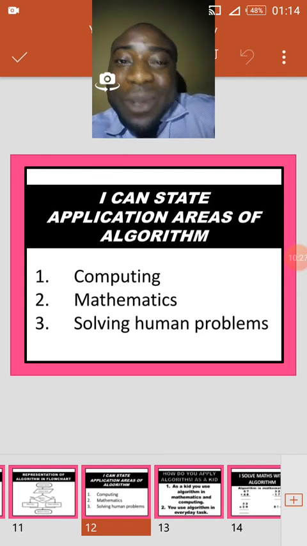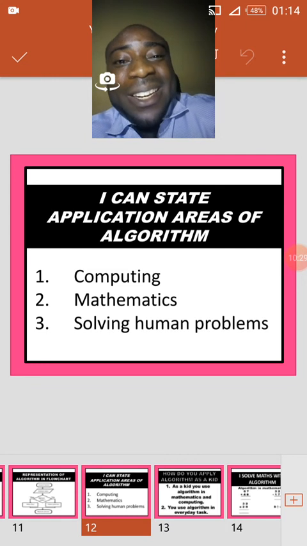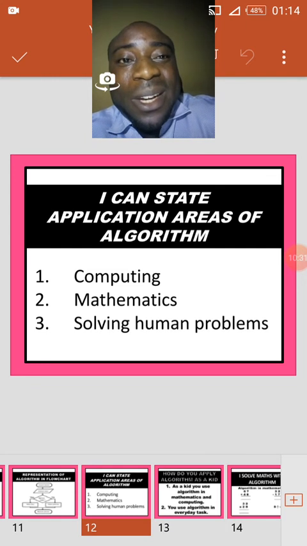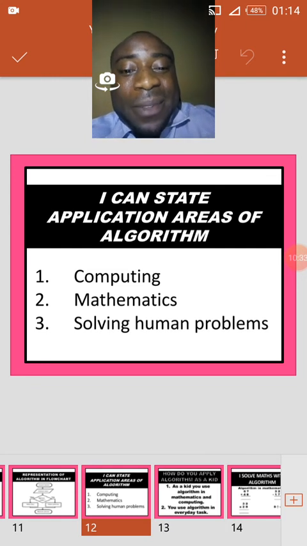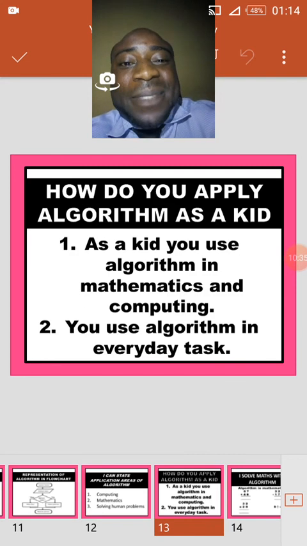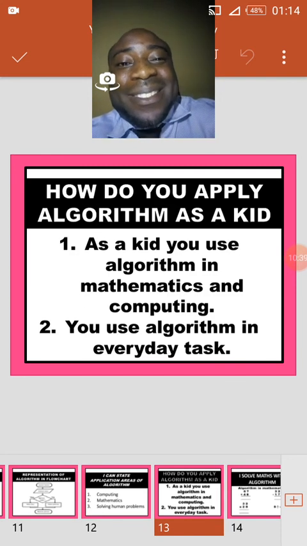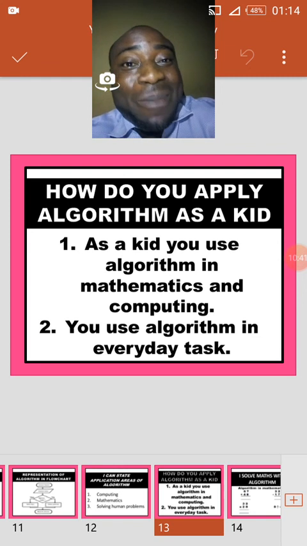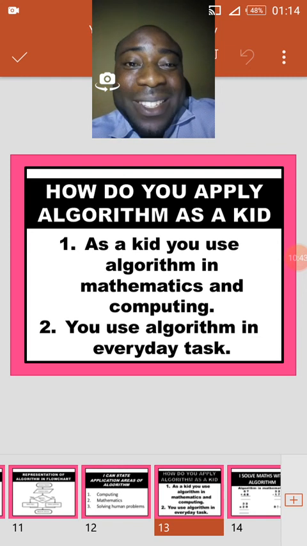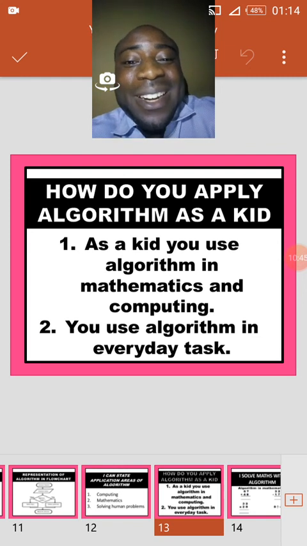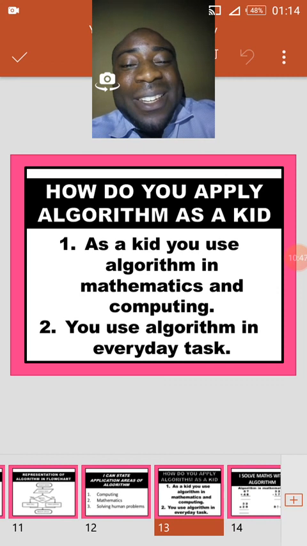In computing, in mathematics, and in solving human problems. Now, how do you apply algorithm as a kid? You can apply it in mathematics and computing, and you can use it in your everyday task.